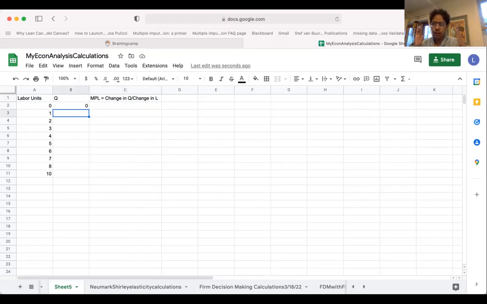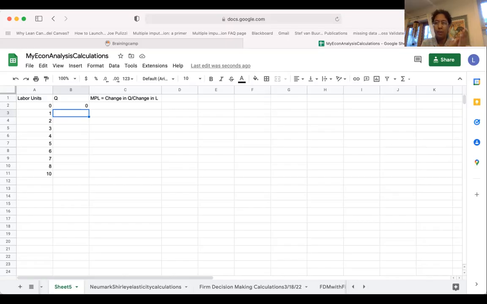When I talk about returns to specialization, when you have one person working, that person has to do all the different things that are required in the production process. But if you have more than one person, and they are not exactly matched in terms of all the skill sets, then we can look at what people do better relative to the other person.